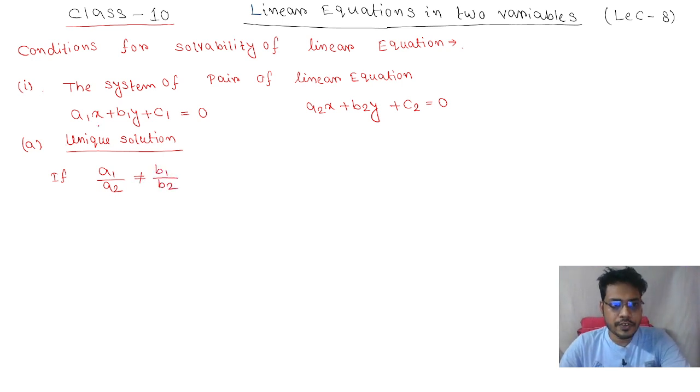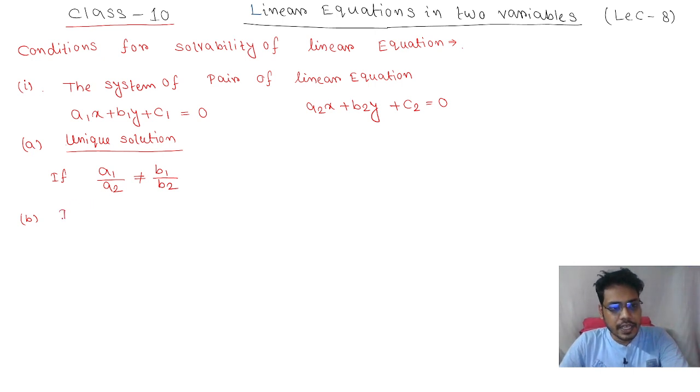That means the coefficient of x in the first equation divided by the coefficient of x in the second equation will not equal the coefficient of y in the first equation divided by the coefficient of y in the second equation. If it is a unique solution, it will be not equal.